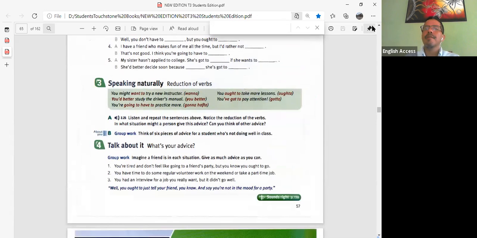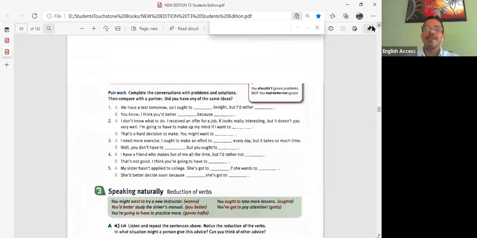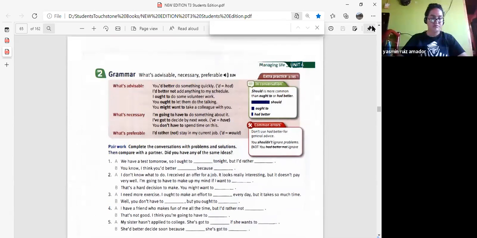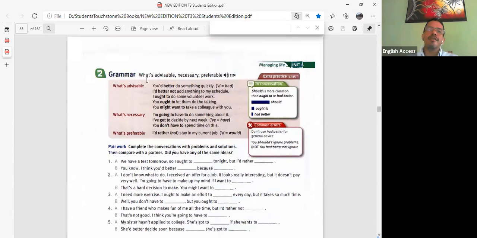Okay, it's page 57. You will listen to this grammar chart. What's advisable, what's necessary, and what's preferable. Each one has a definition, right? For advisable, you have you'd better, ought to, might want to.